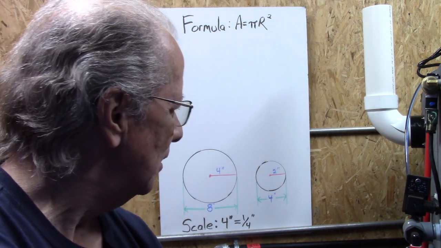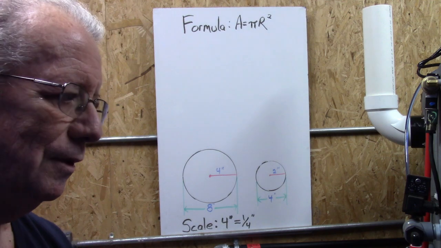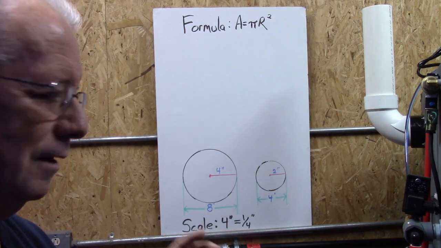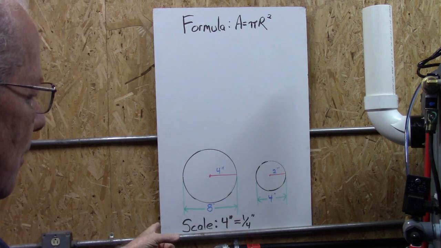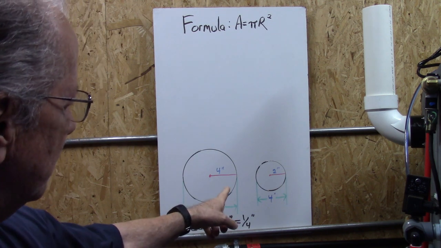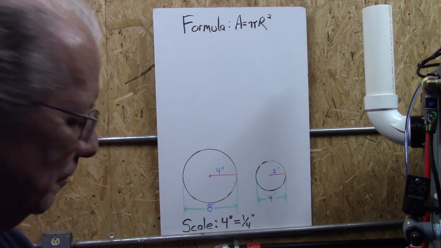So what I did is, obviously I'm dealing with quarter and half-inch hose, and that's kind of small to see. I wanted to have a visual, so my scale is 4 inches equals 1/4 inch. So the 4-inch circle over there represents the 1/4 inch hose that's on there.